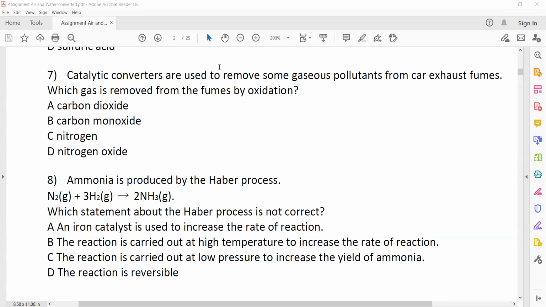So the catalytic converter is used to remove gaseous pollutants. Which gas is removed from the fumes by oxidation? Oxidation means addition of oxygen. So B is the right answer. This is reduction, D is a reduction. Carbon monoxide is oxidized to form carbon dioxide.